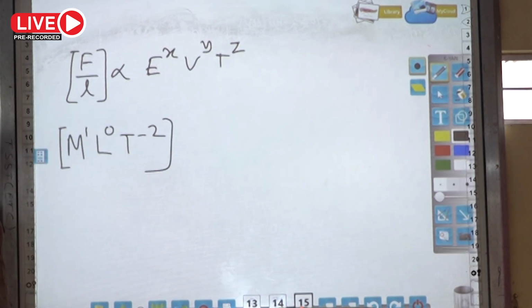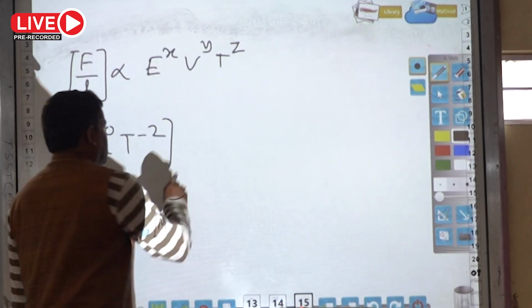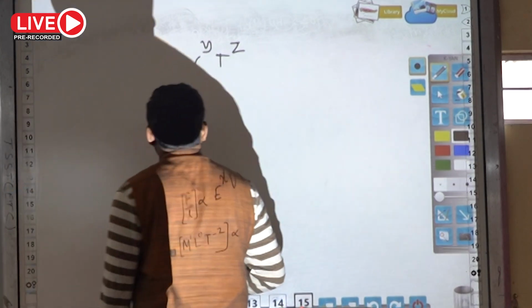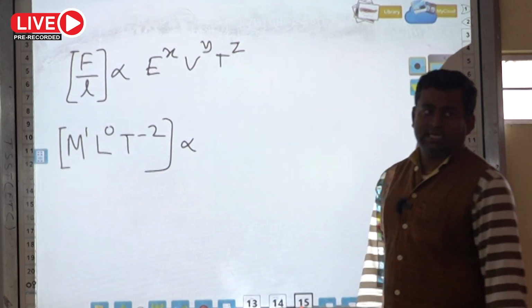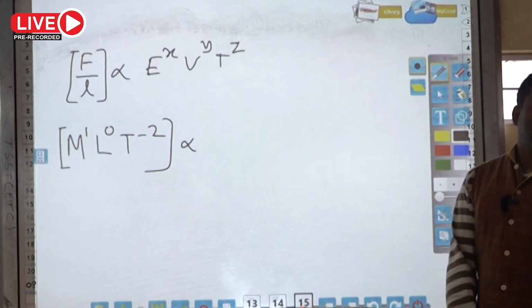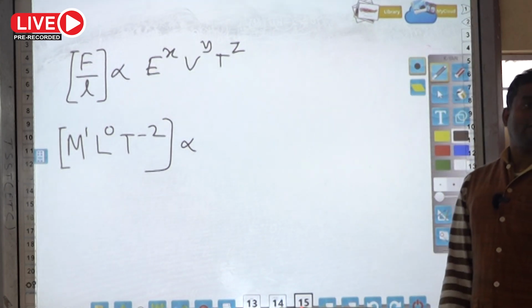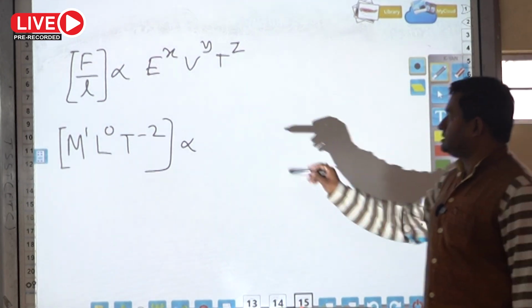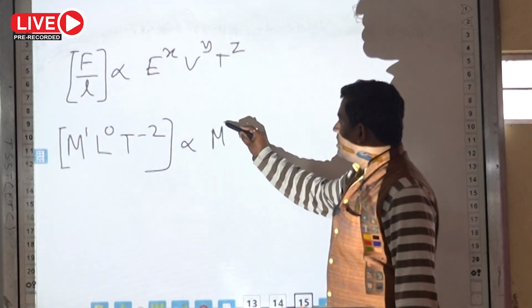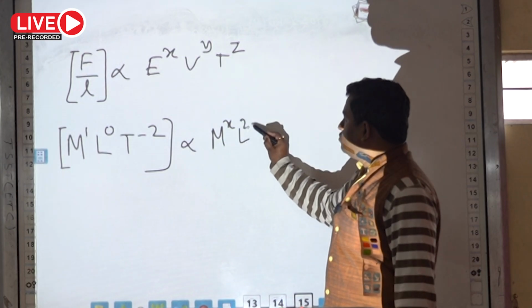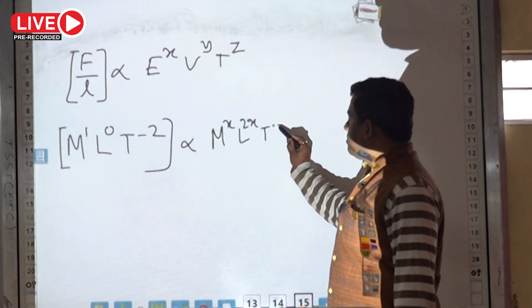And here it is M to the power 1. Then it is proportional to E to the power x. E means the dimension is M L square T to the power minus 2, to the power x, meaning M to the power x, L to the power 2x, T to the power minus 2x.